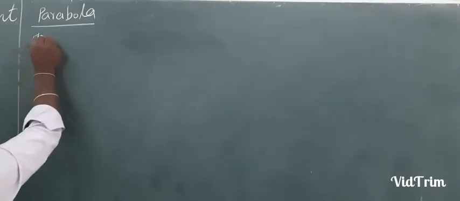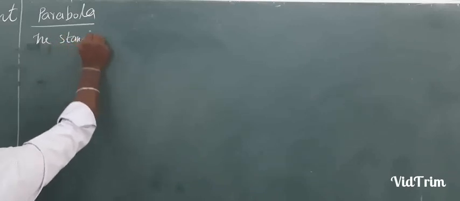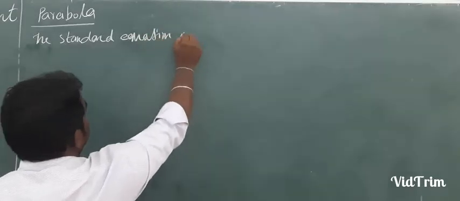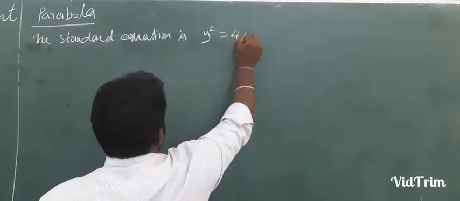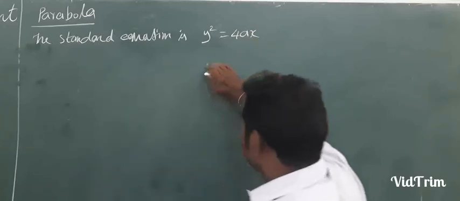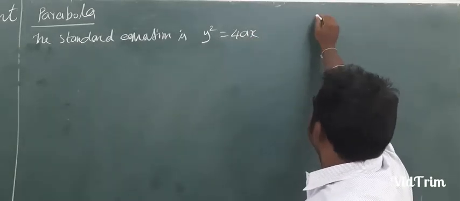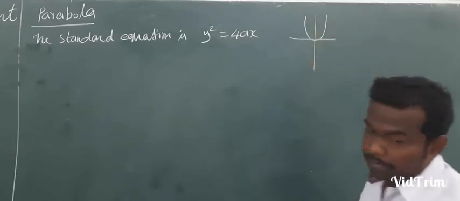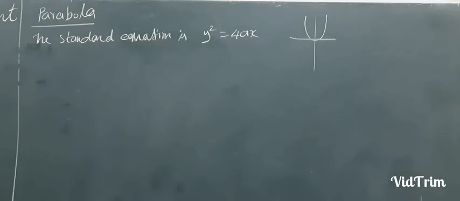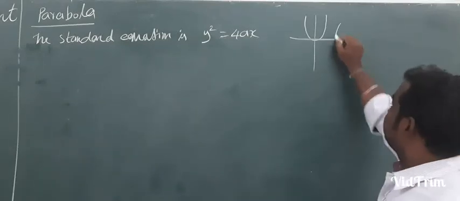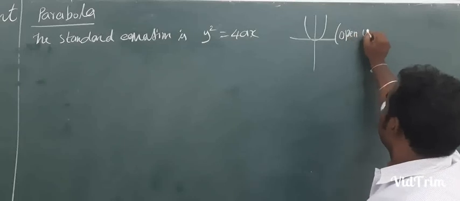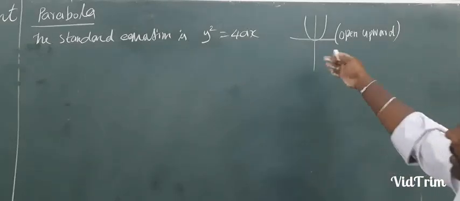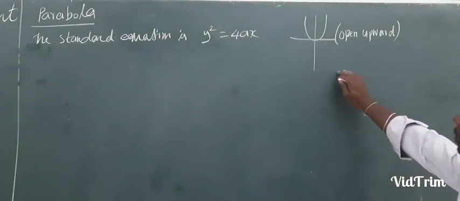The standard equation is y^2 = 4ax, where a is positive, so the graph looks like this. It opens upward. Don't forget that.